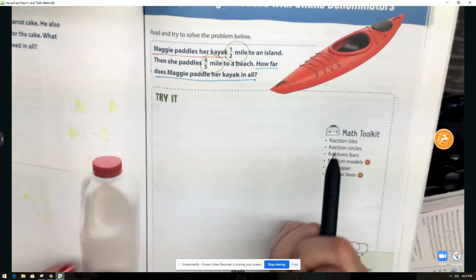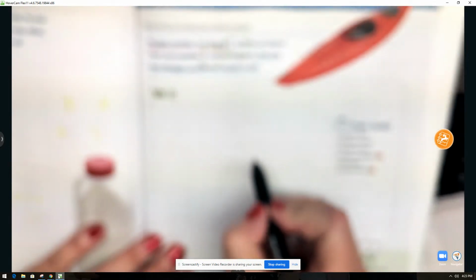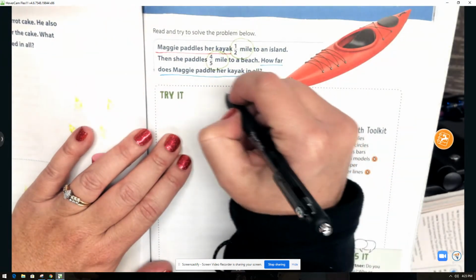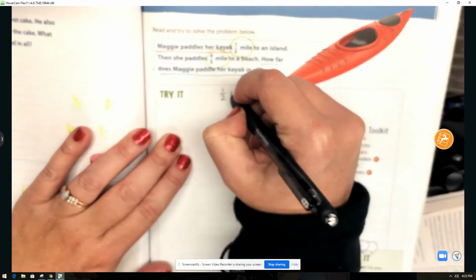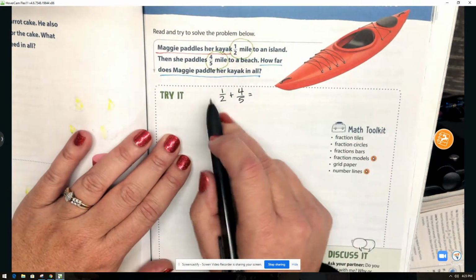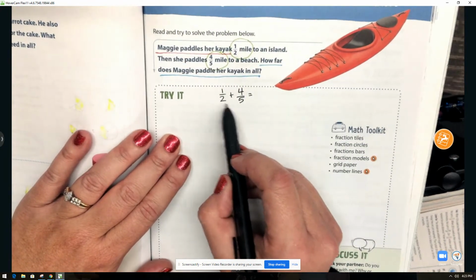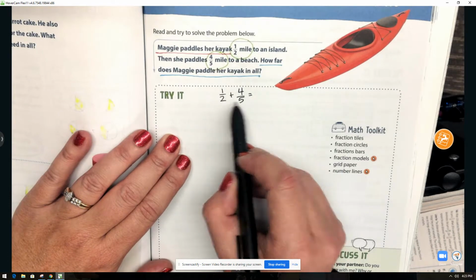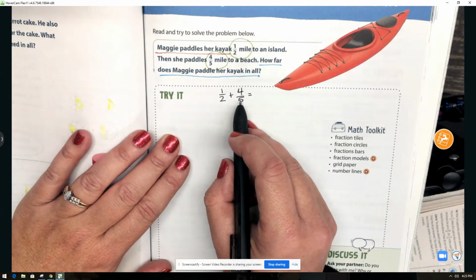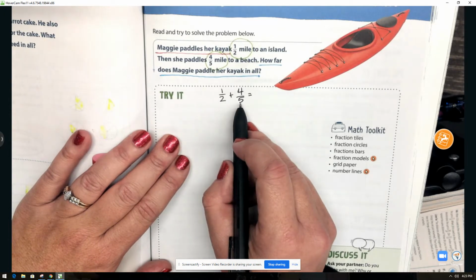So when we are adding two fractions, this is the equation we're trying to solve right now. What is 1/2 plus 4/5? Right now, we can't add those together because the two denominators, 2 and 5, are not the same. In order to add these two fractions, we need to make these denominators the same.